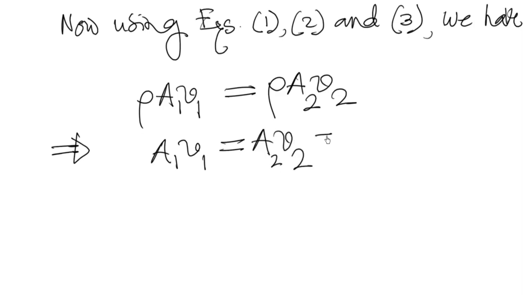So you see this is constant. The product of the area of cross section and the speed is constant.